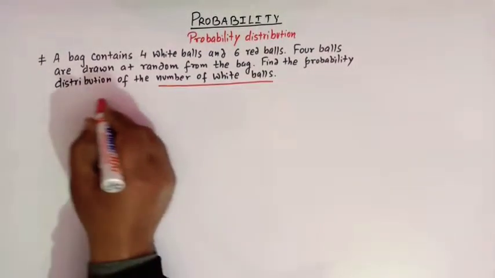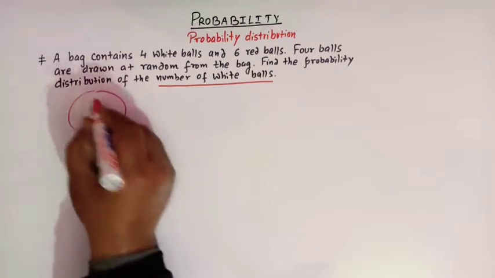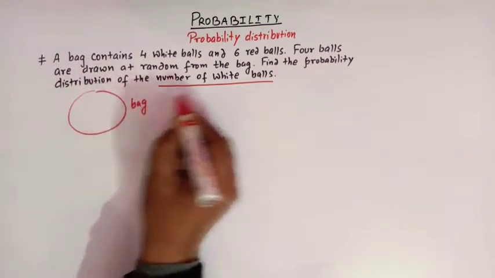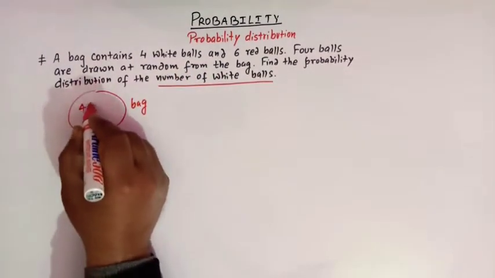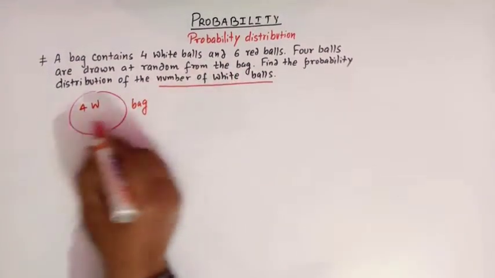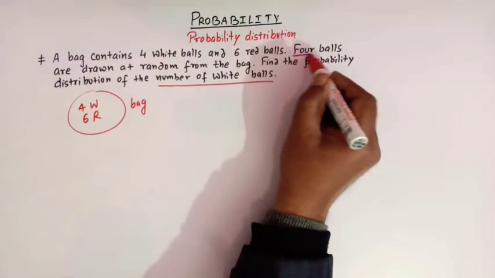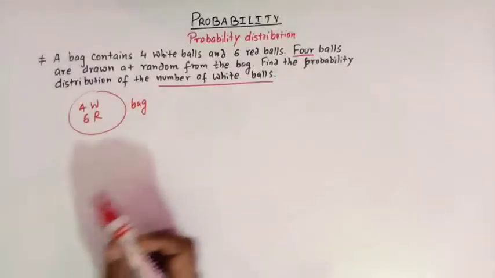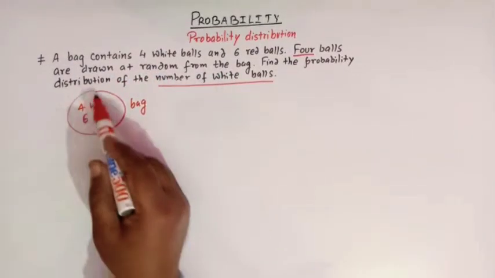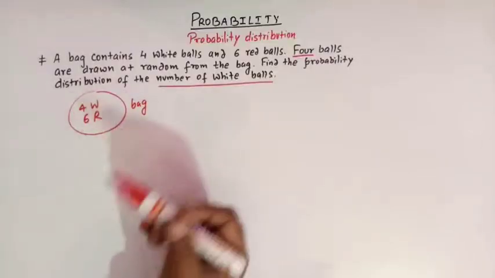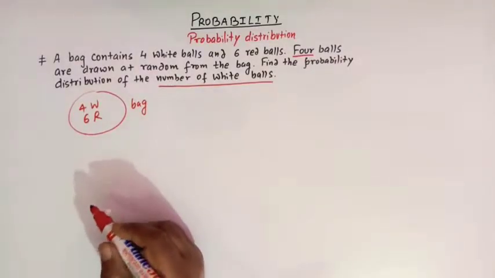So here we have a bag, and this bag contains 4 white balls and 6 red balls, and we have to draw 4 balls at random from this bag. Now we have to find the probability distribution.